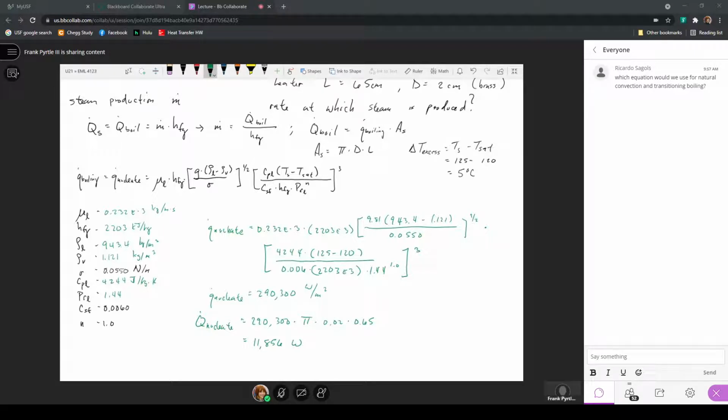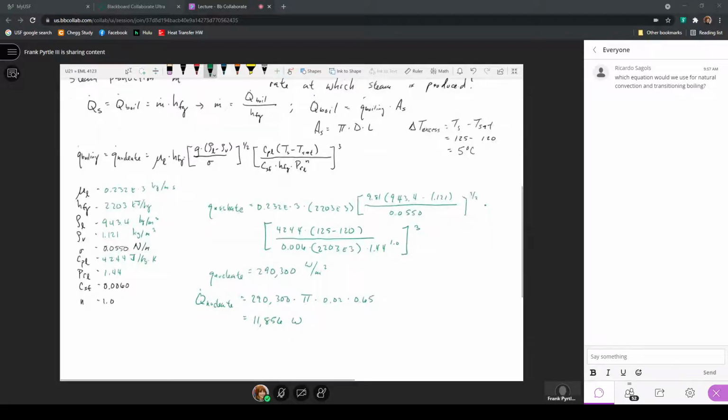So that's the heat transfer into the water, so that now we can determine the mass flow rate, or the rate at which vapor is being produced on this heater. So that this is that expression of the amount of heat that is going into changing the phase of the water, so that there is vapor being produced from the liquid.